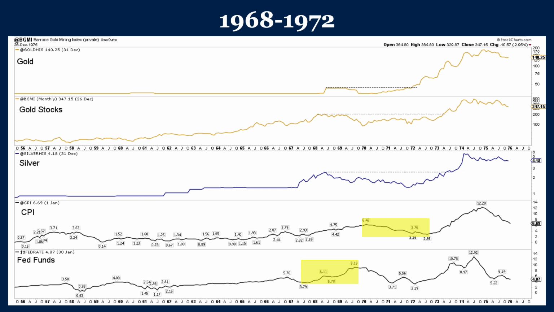CPI came down. So macro-wise, it was very, very similar to today because it was the first time in many, many years that inflation broke out and became a problem, and also the first time that the Fed really had to hike rates to get inflation down. So very similar to today. Also at the same time, you had the end of a secular bull market in the S&P 500.